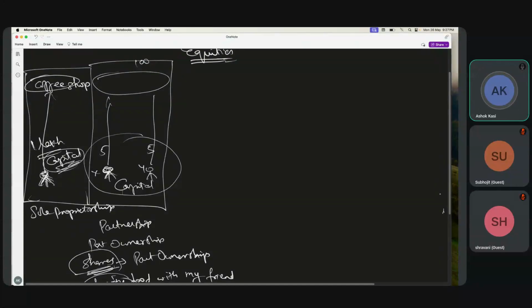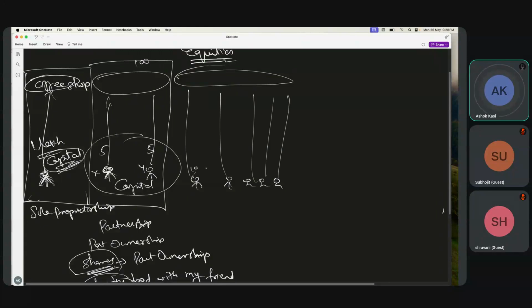Is this fine? Have you understood this one? Yes, sir. Okay. Then imagine case three. Now this person, maybe he requires 50 lakhs, so he gets in touch with his friends as well as with his relatives. Now assume each person is contributing 10 lakhs. If each person is contributing 10 lakhs, five people are there, so what percentage will each person own?